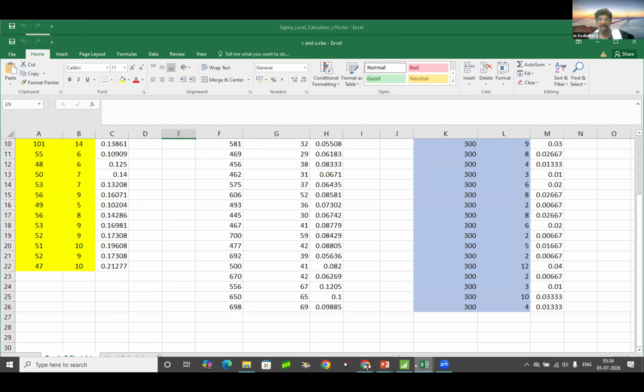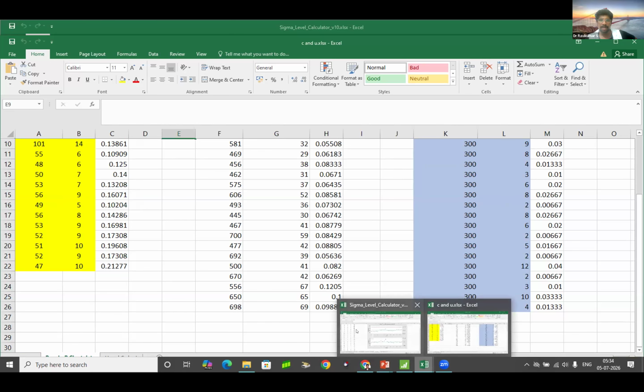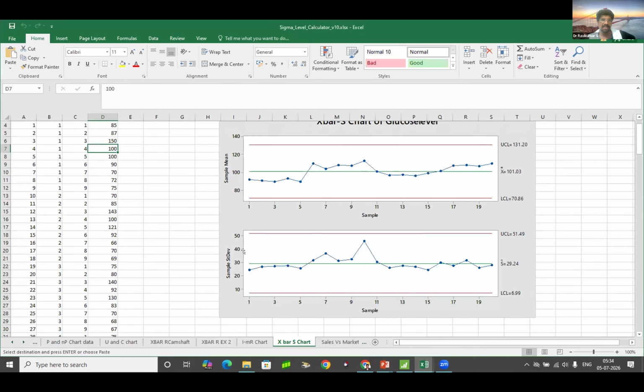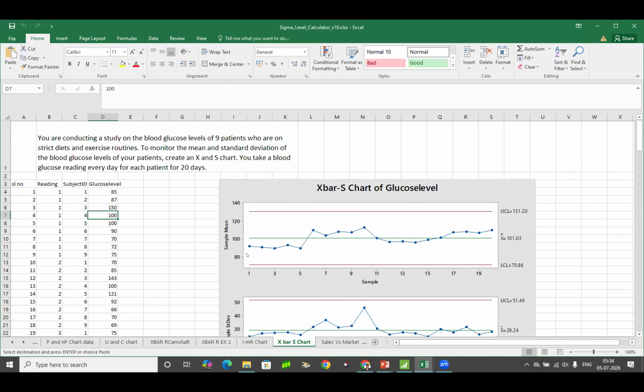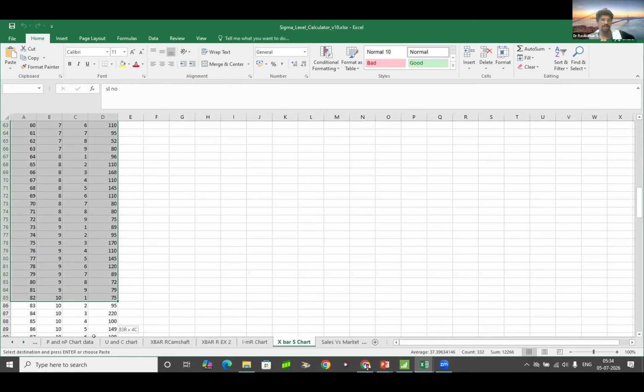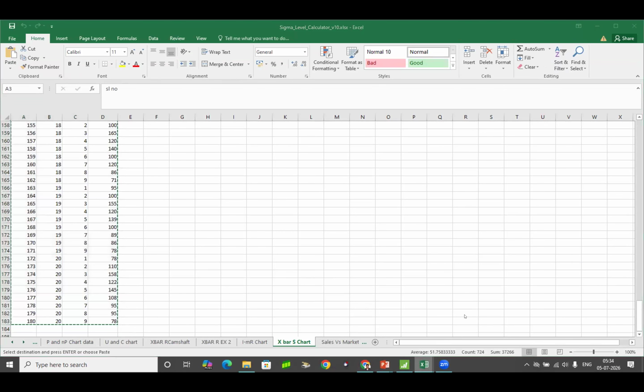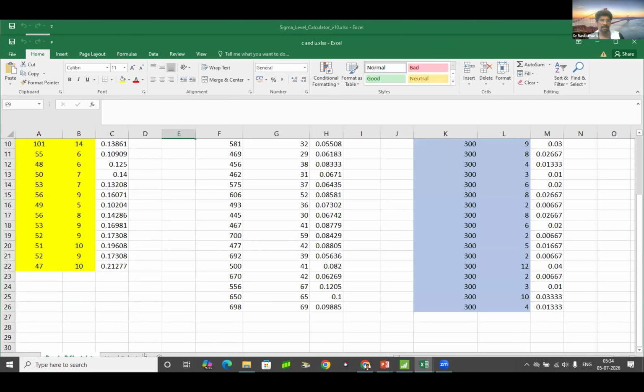Guys, do all of you have the XBAR R chart, sigma level calculator, and the XBAR S chart with you? The Excel sheet is unable to open that sigma chart. Okay, then I will do one thing. I will copy paste it in the UCX chart and share it again.